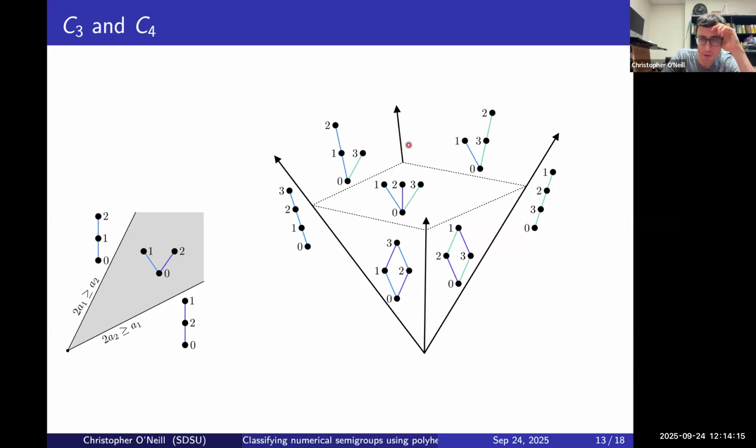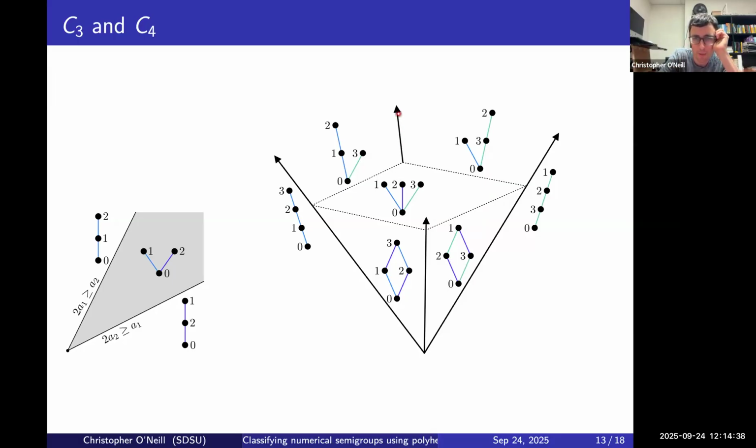That's because those rays have no numerical semigroups on them. That turned out to be an interesting tangent that we won't talk about in the talk here today, but some of the faces end up not containing any points that correspond to numerical semigroups. And it turns out there are good structural reasons for this to happen.